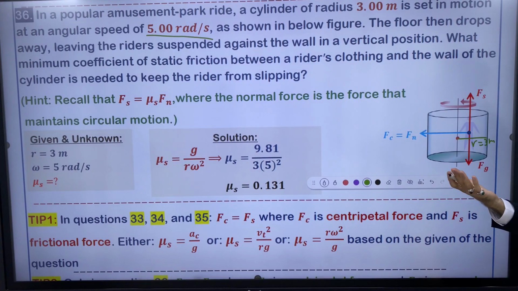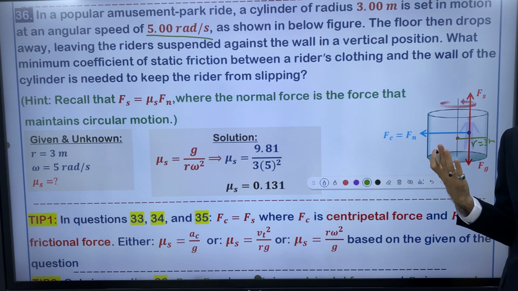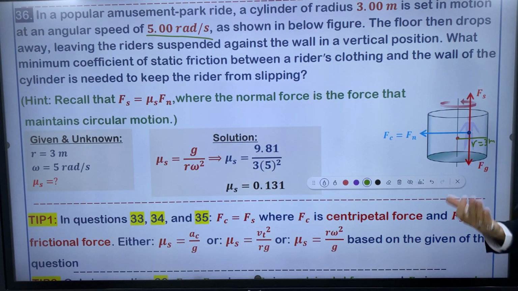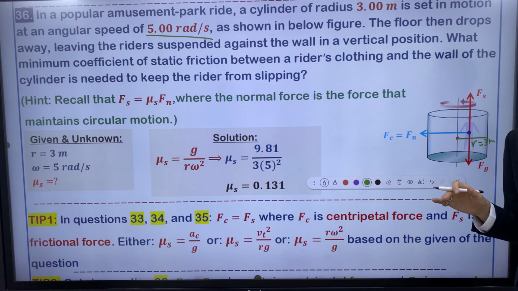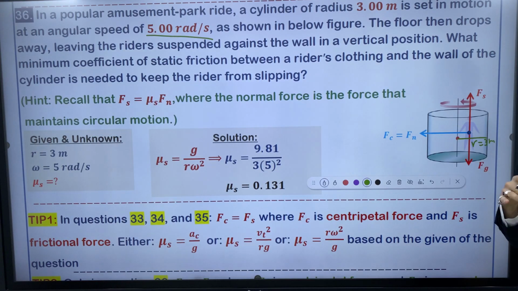So this is the game. After the person enters the cylinder and the cylinder starts rotating, after a while the floor suddenly drops away. If the floor is dropped away in this situation, leaving the participant in a circular track, he or she doesn't fall because of what?